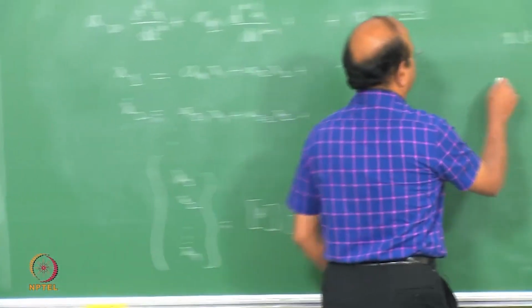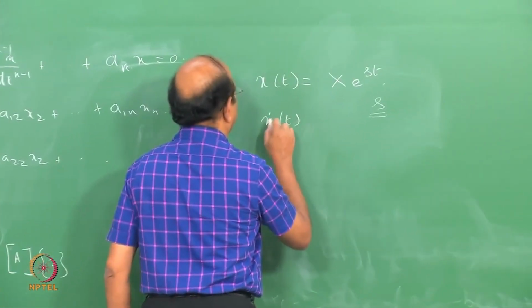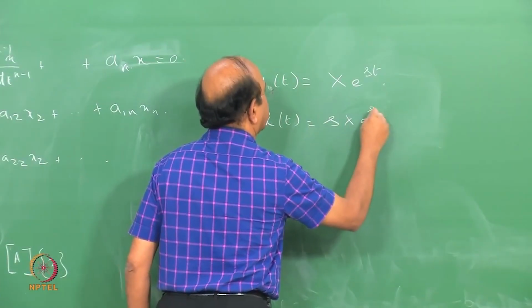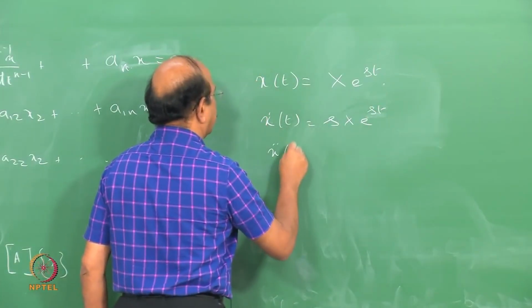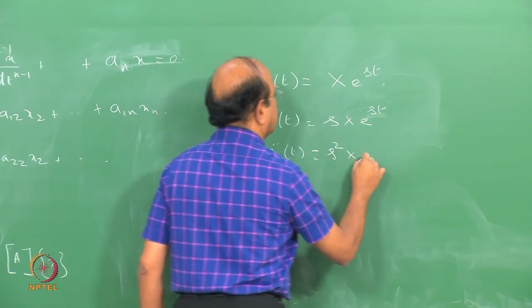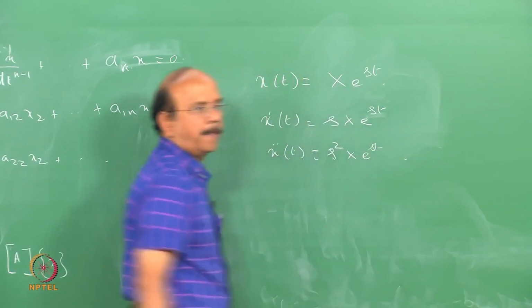Since x is equal to this, x dot of t is equal to s X e power st, and x double dot of t is equal to s squared X e power st, and so on.